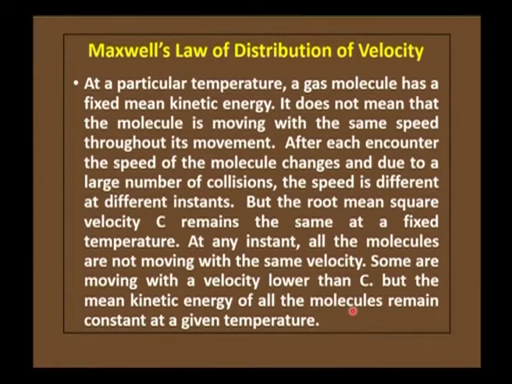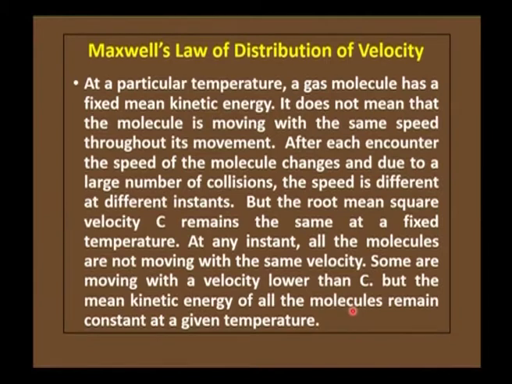Therefore, it does not mean that the molecule is moving with the same speed throughout its movement. After each encounter, the speed of the molecule changes, and due to a large number of collisions, the speed is different at different instants. But the root mean square velocity remains the same at a fixed temperature.